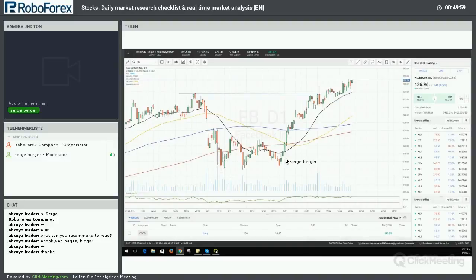So just because the black moving average crossed above the other color moving average doesn't mean it's automatically a buy signal. It just means that it's a reference point and something that you want to keep in mind.